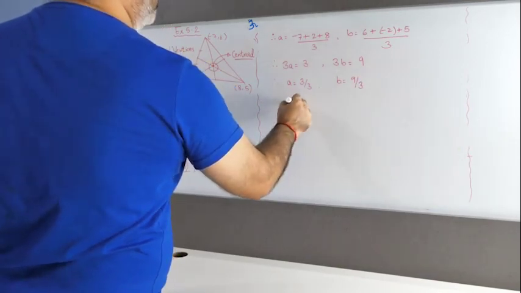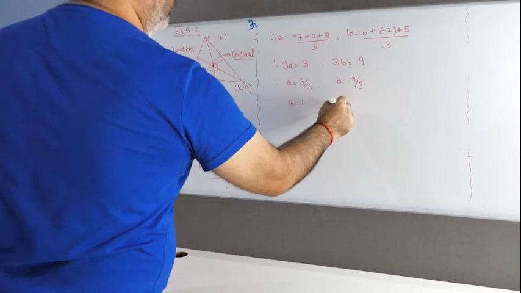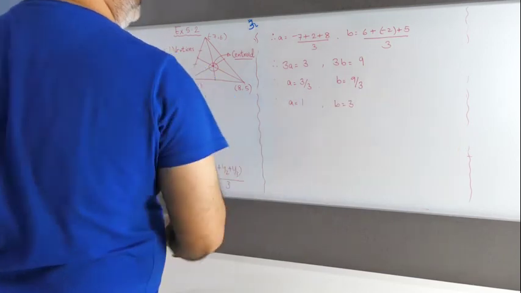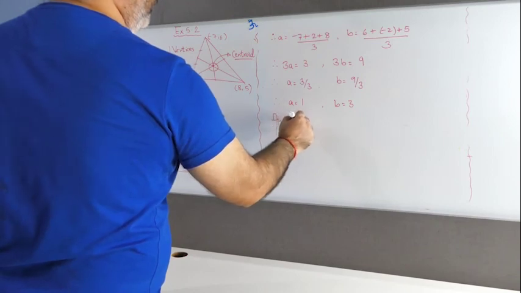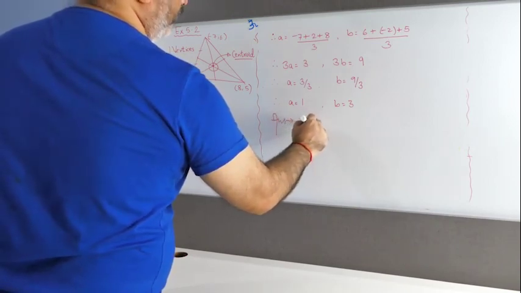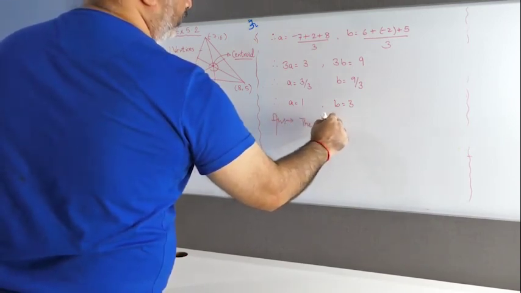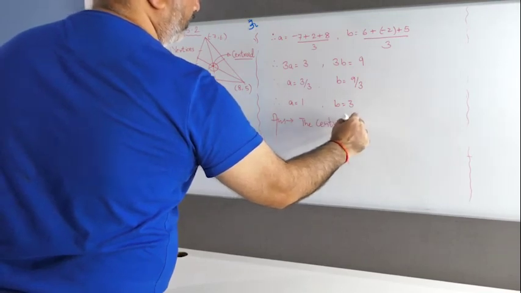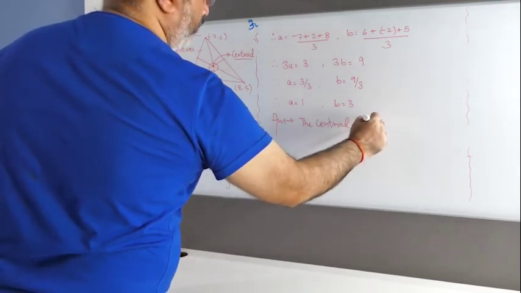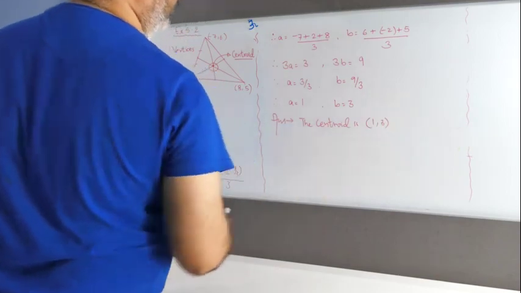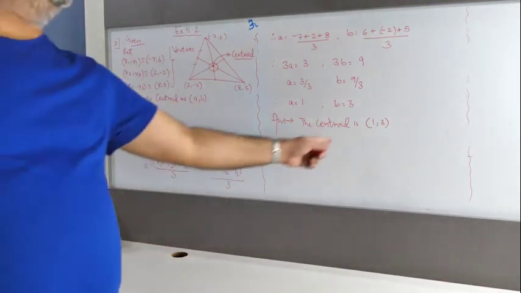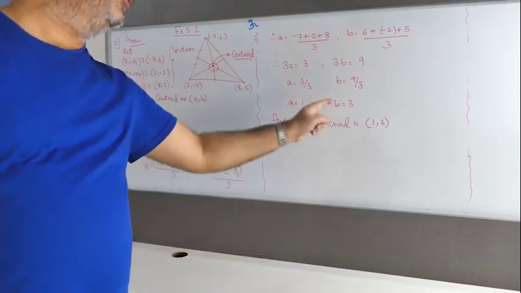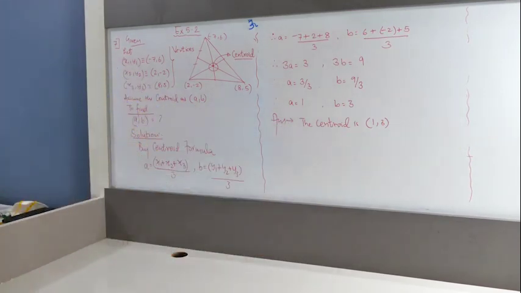So a is going to be 1, b is going to be 3. So my final answer, the centroid is 1, 3. You can say the centroid is 1, 3, or you can say the coordinates of the centroid is 1, 3.